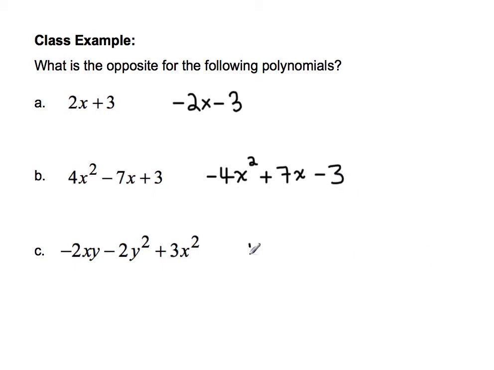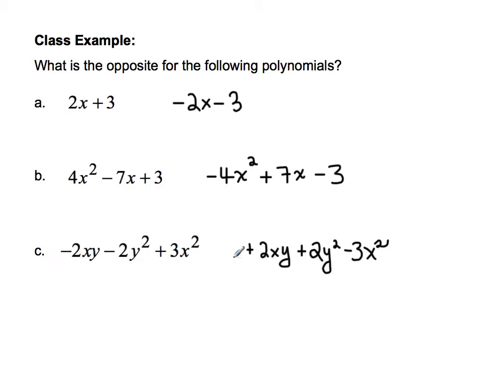And the same thing with the last one. So I have a negative 2xy, I need a positive 2xy, and again, I don't need that positive there. I'm just putting it in just to make it a little bit more clear to you guys.